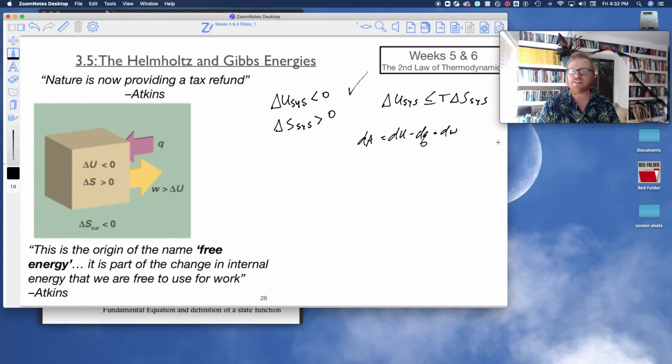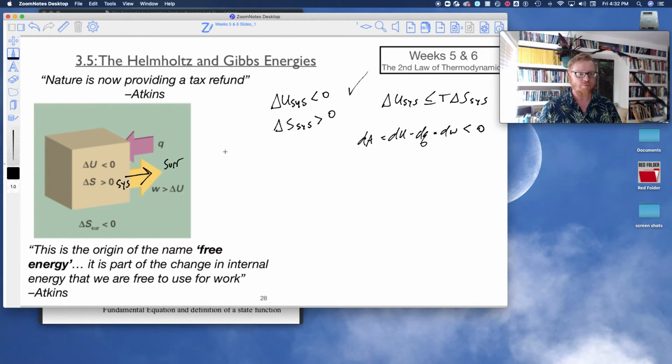And now this is where this gets to be a little tough to gather, because this still has to be negative for this to be spontaneous. Okay? So dw still has to be negative. And that means that it has to be evolving work. The system still has to be doing work on the surroundings.